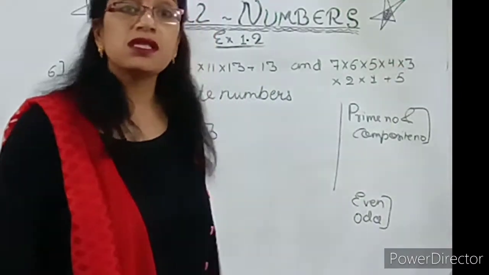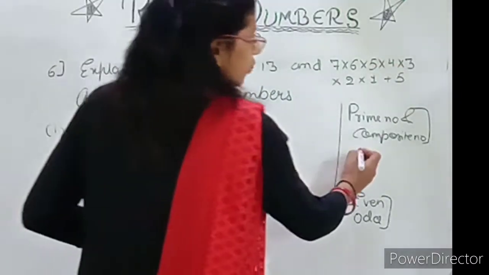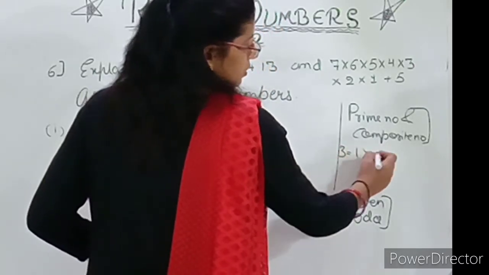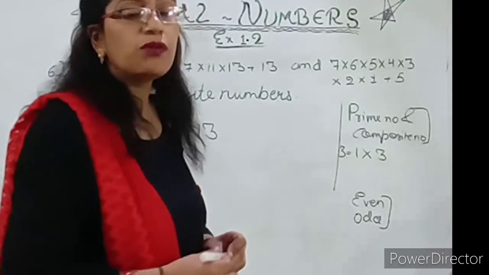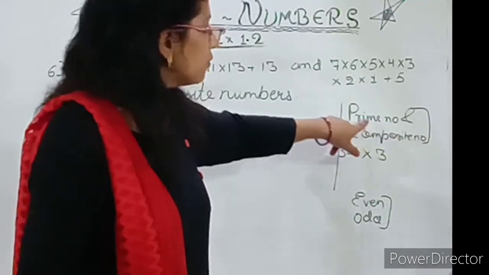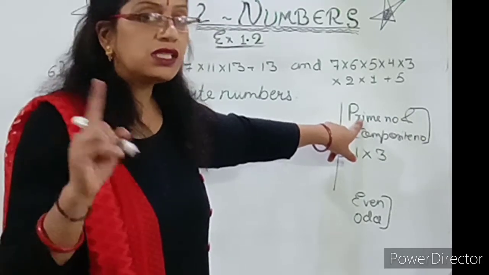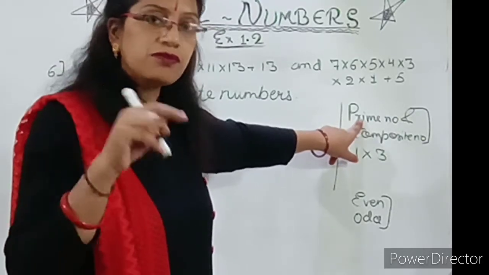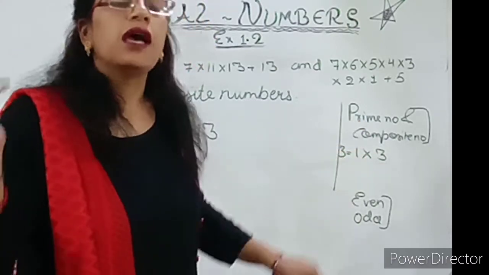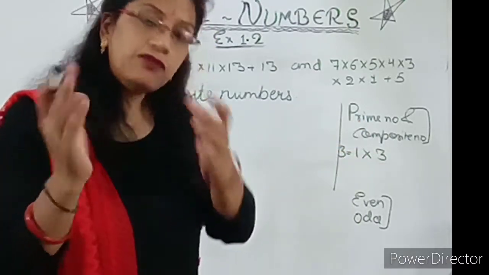Prime numbers means which has the factors 1 and itself. If we are saying 3, it has the factorization 1 and 3. So how many factors does it have? 2 factors, 1 and 3. So prime numbers are those which have 2 factors, that means 1 and itself. And composite numbers are different, which have more than 2 factors.